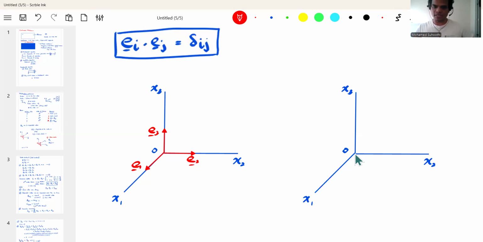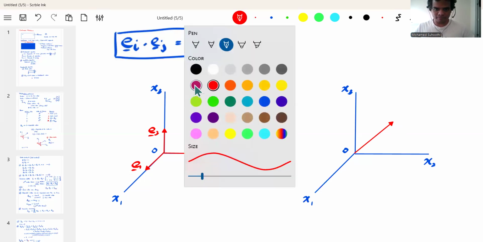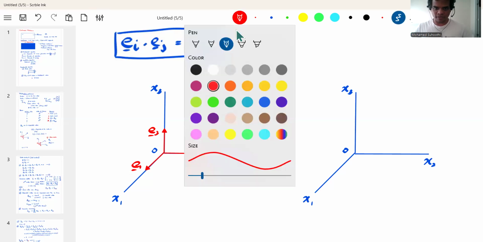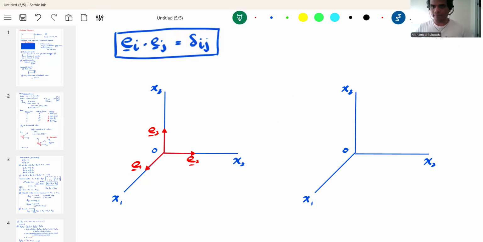So let's say this is our vector. I'll use a different color for the vector because we will be consistent with our colors. So this is the vector.